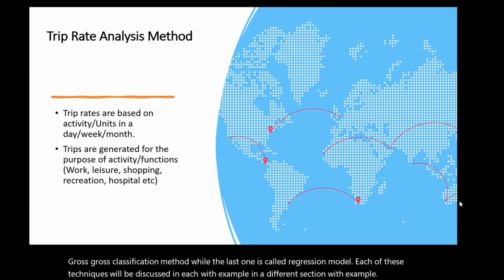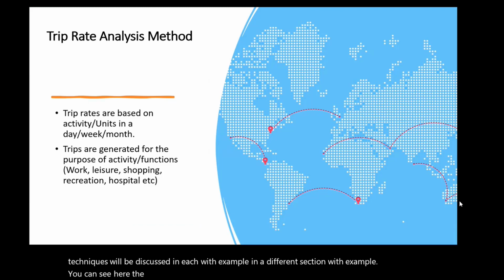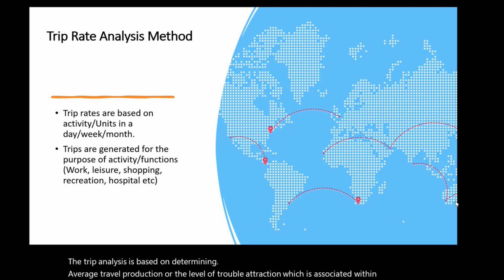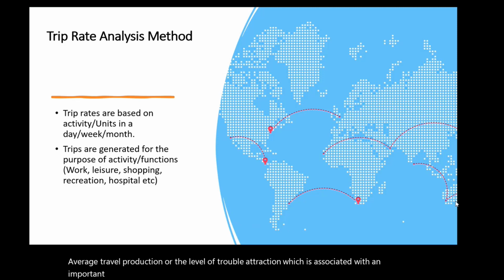As you can see here, trip rate analysis is one of the three methods that are often used to compute or evaluate the trip generation. The trip rate analysis is based on determining the average travel production or level of travel attraction associated with the trips generated within that specific region.